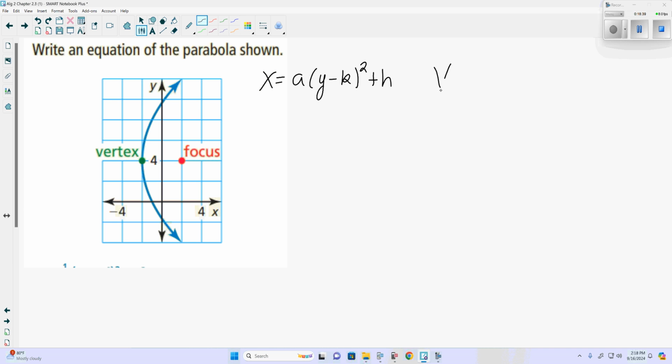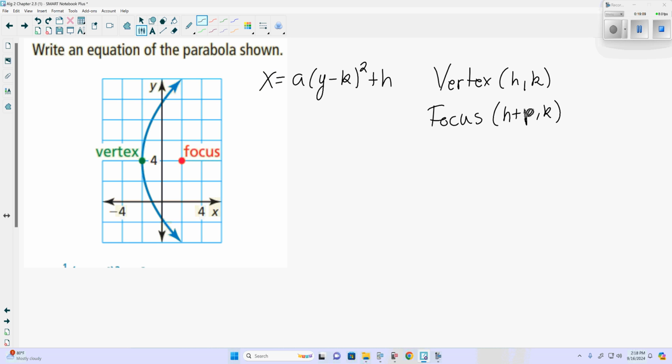So in the general form, the vertex is h comma k. The focus is what? H plus p comma k. Those are the two main pieces of information they gave us. They didn't give us the directrix, x equals h minus p, or the axis of symmetry, y equals k.